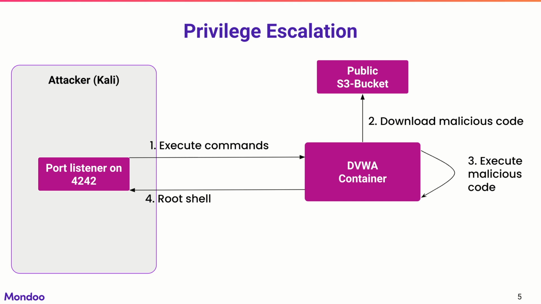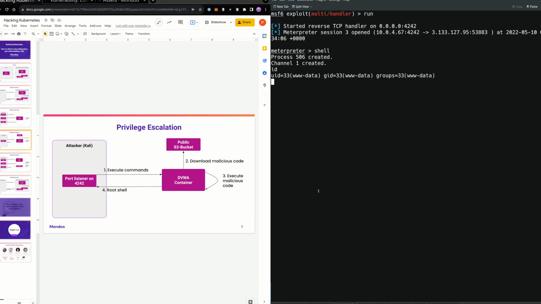In order to perform a container escape, at first I need to gain root privileges inside the container. For this, I used the PwnKit vulnerability, which was published in January this year. In the first step, I download the compiled code of the PwnKit vulnerability from our public S3 bucket and execute it. For this, I have to change the working directory.